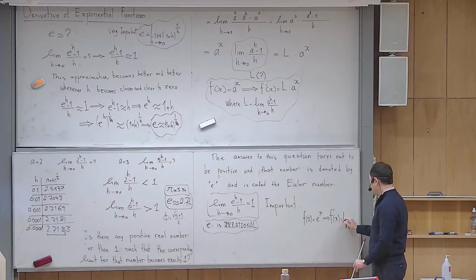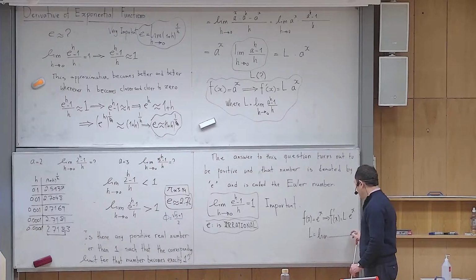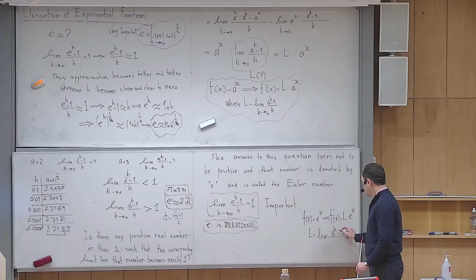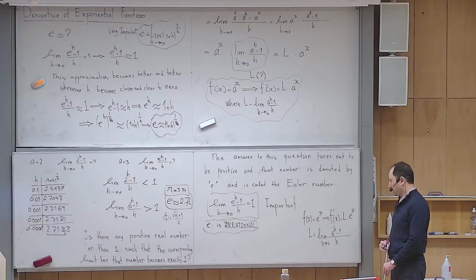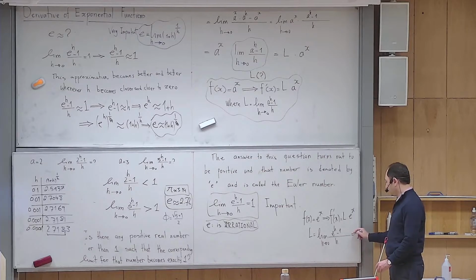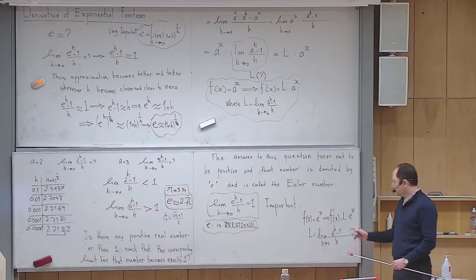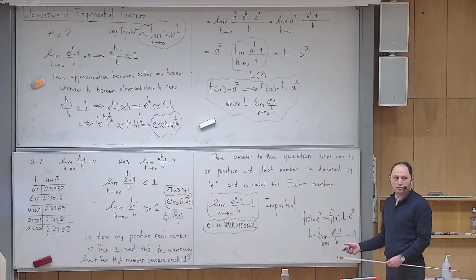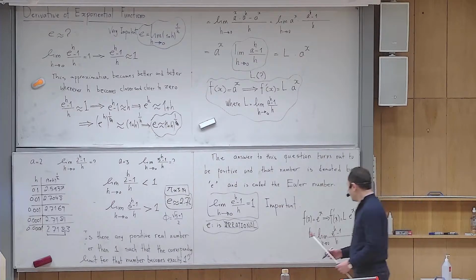But what is L? L is the limit of e to the power h minus 1 over h, because in this case a is e. But what is this limit? 1. It's a very, very lovely function. Because if L is 1, its derivative is itself. So the derivative of this function is itself.